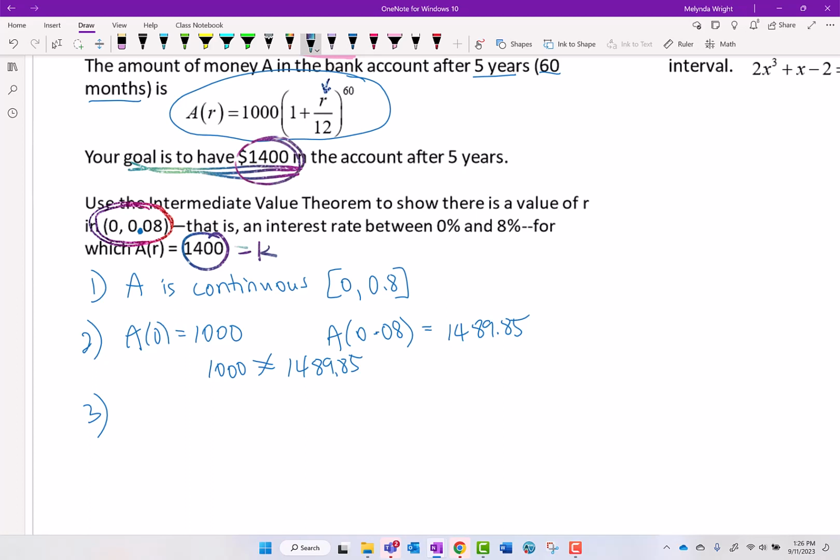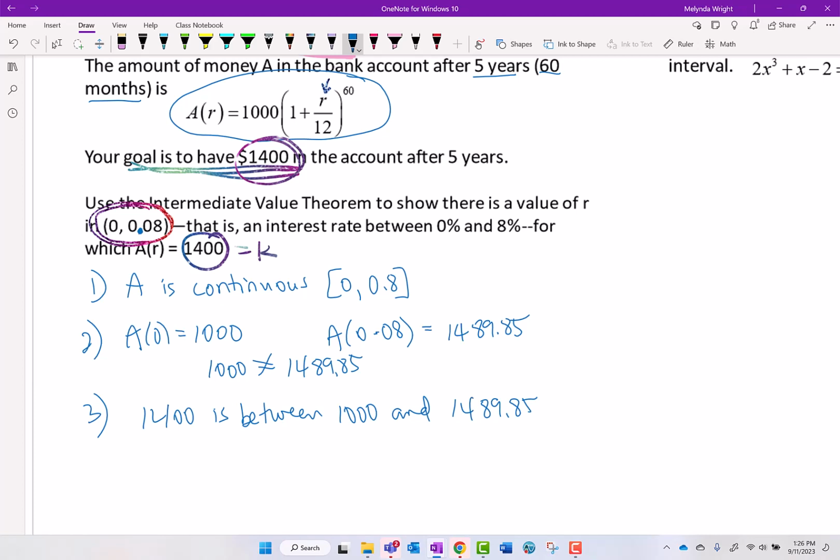That's what we want. Okay, so we will say 1,400 is between 1,000 and 1,489.85.